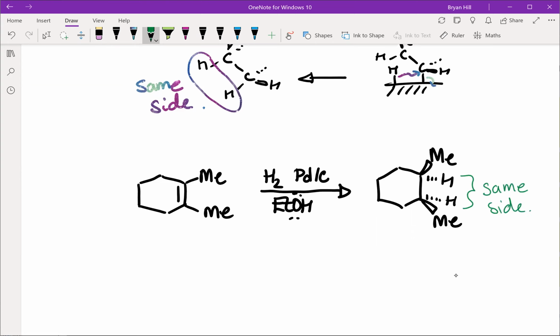So the two hydrogens are on the same side. So if we've got a tetrasubstituted double bond, and we've got no free rotation here, these two H's should be on the same side.